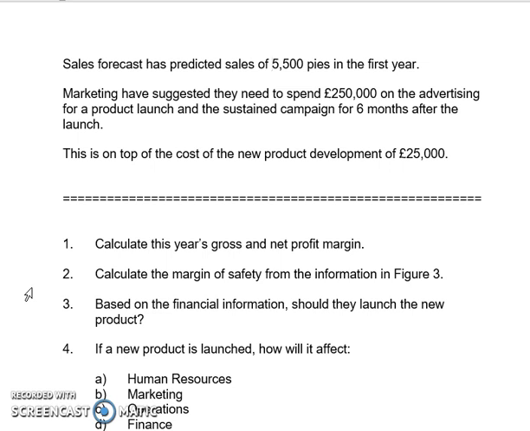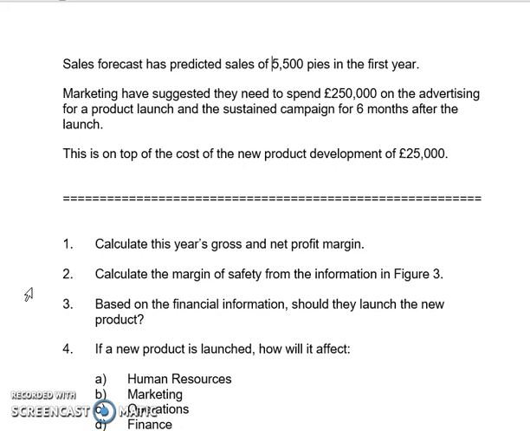And this is on top of the cost of developing that new pie, which they estimate to be £25,000. So the first questions are relatively straightforward. Using that data, calculate this year's gross and net profit margins and the margin of safety. And then you've got to use just the financial information to think about whether they should launch the new product.